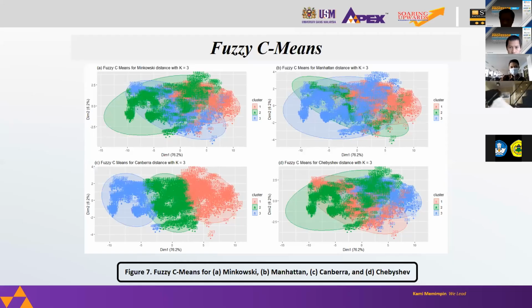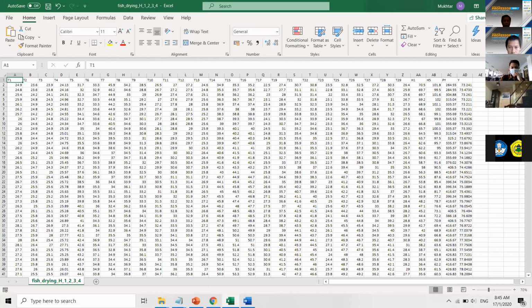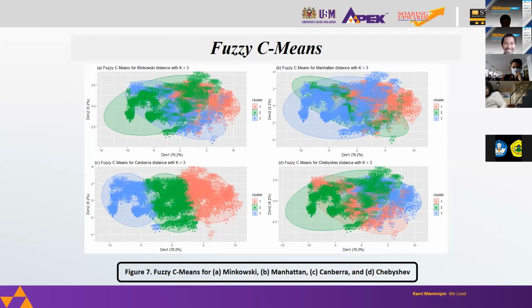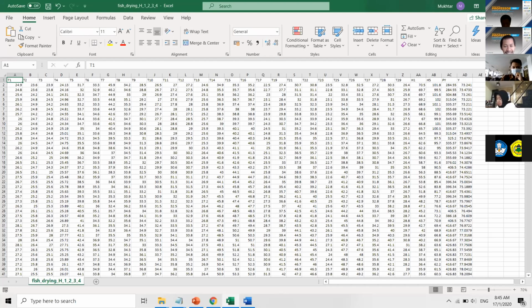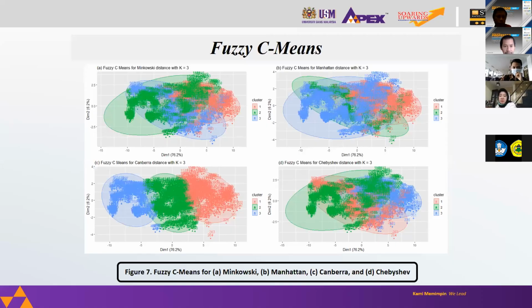And the good thing is from the data, currently I have one student, also from Untirta. His name is Mr. Mukhtar. Mr. Mukhtar is using a lot of data and using machine learning and artificial intelligence to do predictions of the model. And currently he has already finished his analysis.